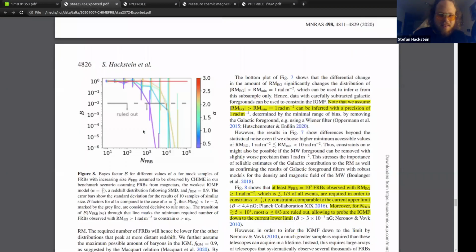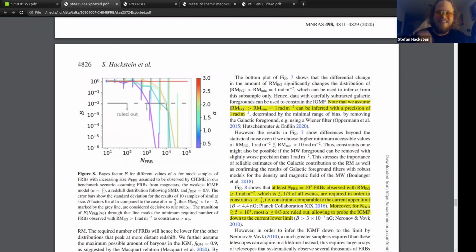So what you can see in this plot, the Bayes factor as a function of a mock sample size, is that it requires us 1 to 2,000 fast radio bursts in order to rule out the first value of alpha, so in order to rule out the strongest possible intergalactic magnetic fields. This means with about 1,000 fast radio bursts, we can confirm and slightly refine our current upper limits on the intergalactic magnetic field.